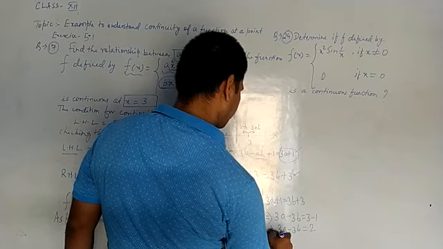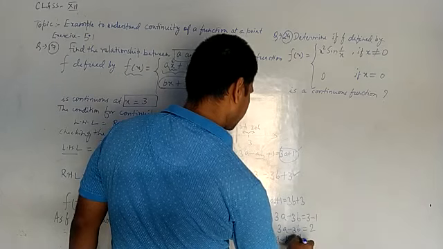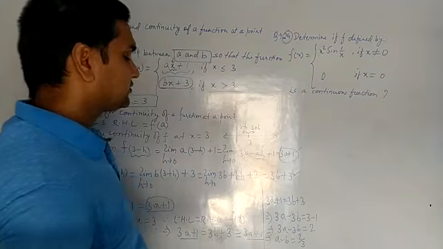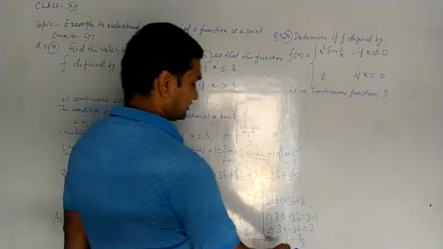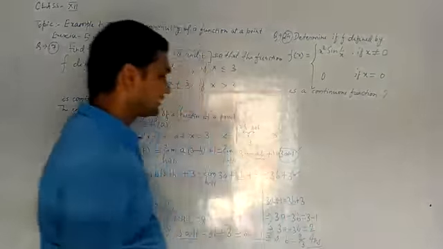So a minus b is equal to 2 by 3. So a is equal to 2 by 3 plus b, or a minus b is equal to 2 by 3. This is the relationship, this is the answer for it.